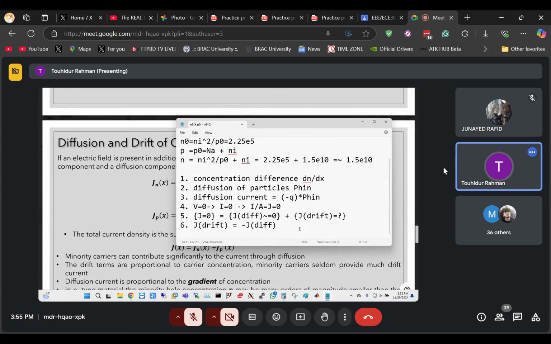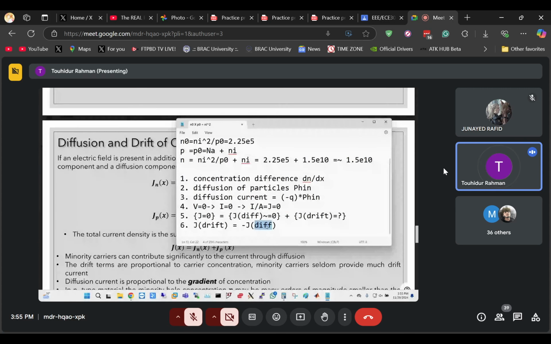So if internally something is happening, then in order to make the external effect equal to zero, something else must also be happening inside that cancels out the first effect, and the first effect was diffusion.